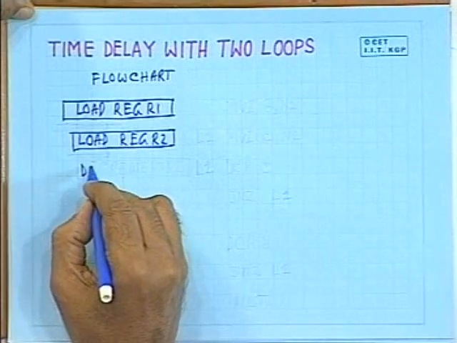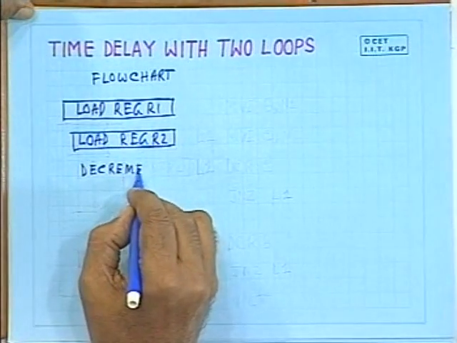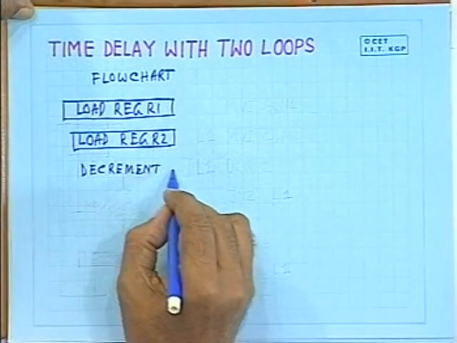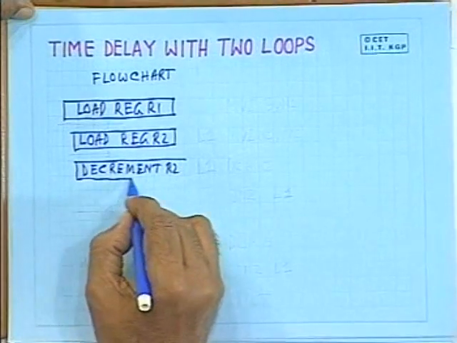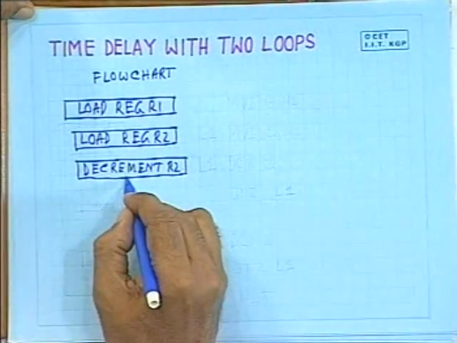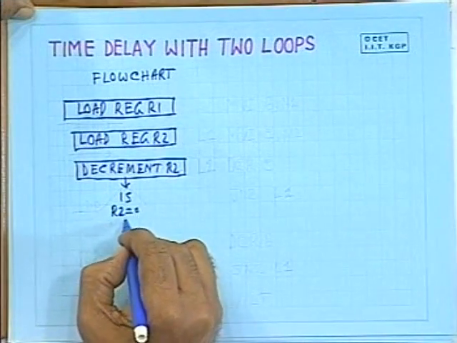Then decrement R2, and here you check whether R2 is equal to 0.